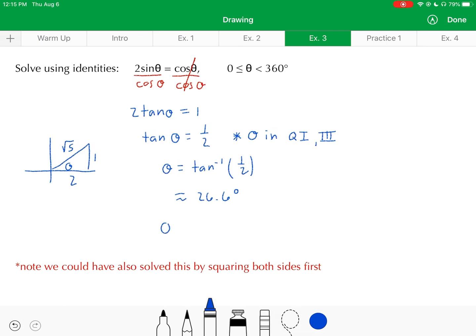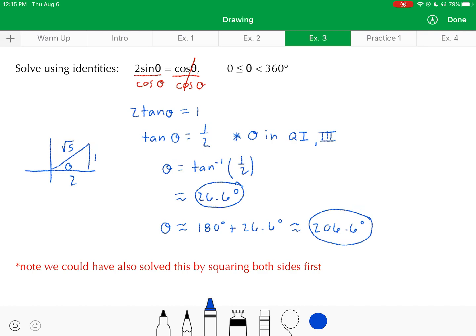To get the third quadrant angle, simply take that 26.6 and treat it as a reference angle in the third quadrant. So you're going to add it to 180 then. So it gives me a second answer of 206.6 degrees. Okay.